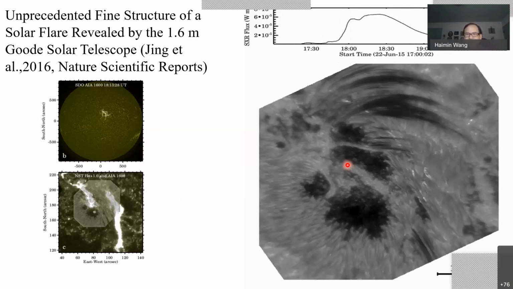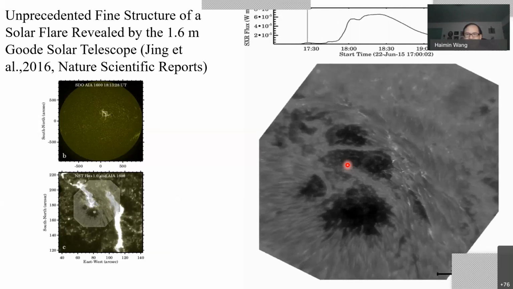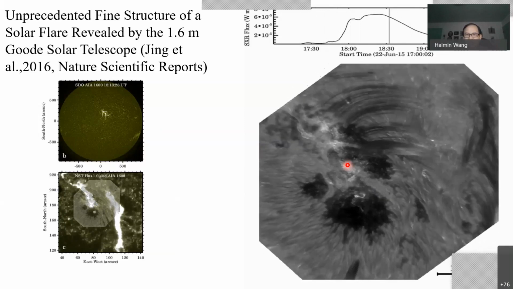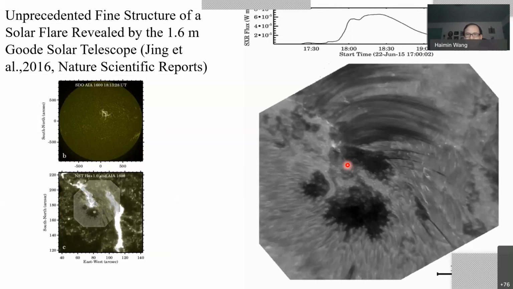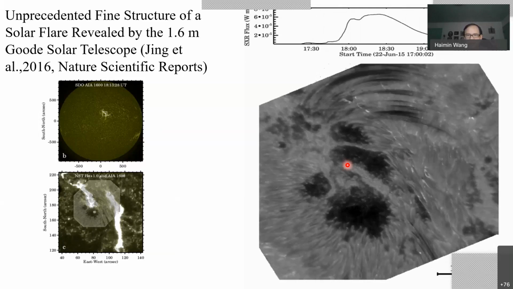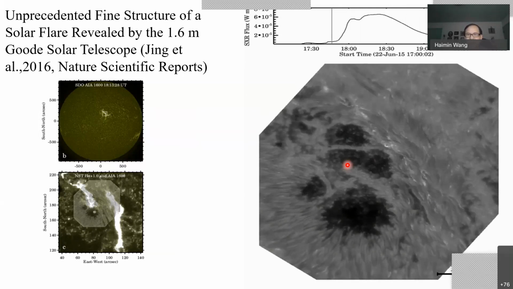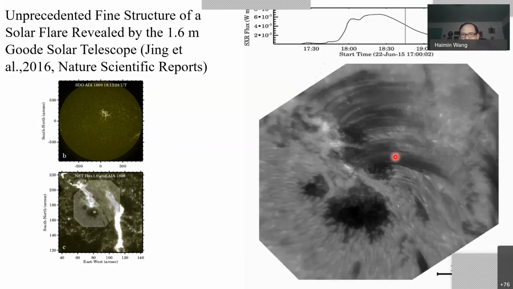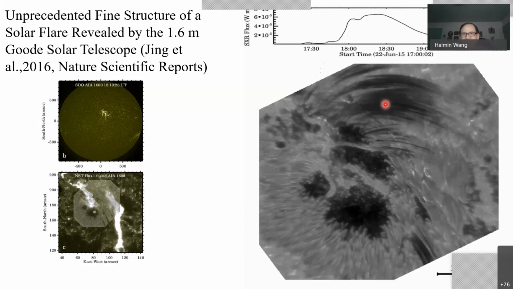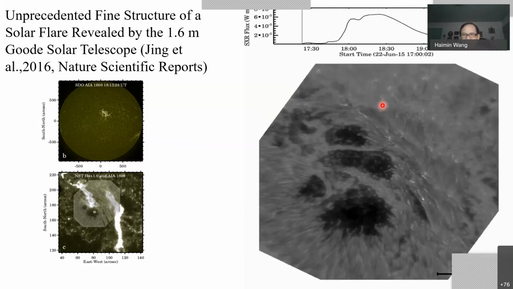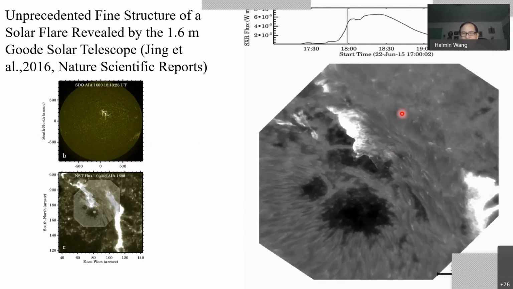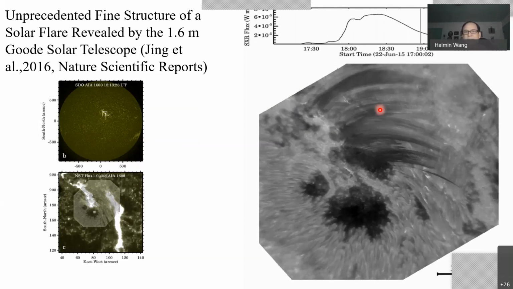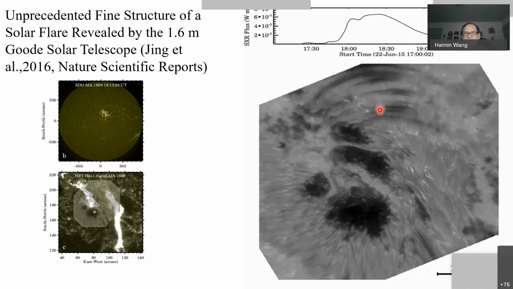That kind of observation was not shown in the lower resolution observations before. Although it's similar to some of the concepts in the EUV observations as coronal rain, we have now shown it with very high resolution. And the last thing I want to point out is the fiber structure. I will mention some of the concept at the end of the talk. They are really fine structure in a post-flare loop. So that indicates reconnection on a very small scale.